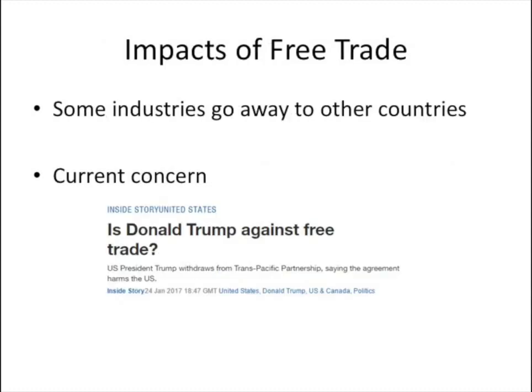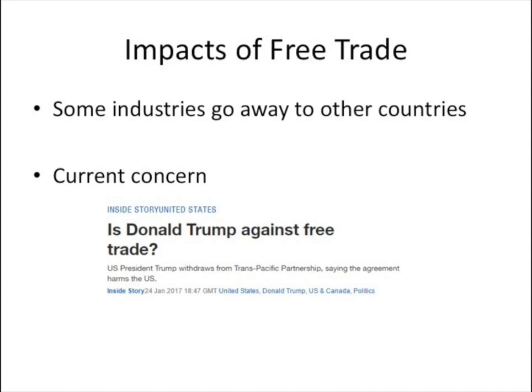One of the impacts of free trade is that some industries go to other countries. And that is often a concern. We've seen that here recently with the election of Donald Trump and his concerns with trade.